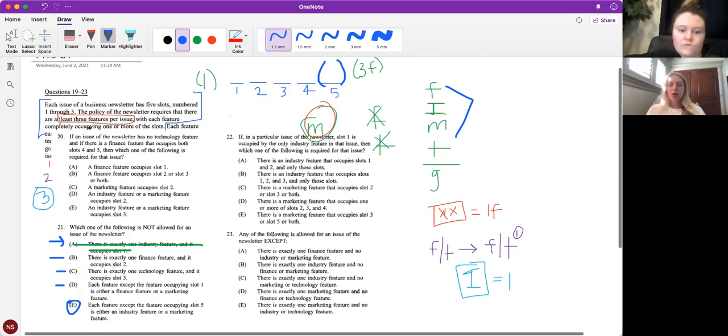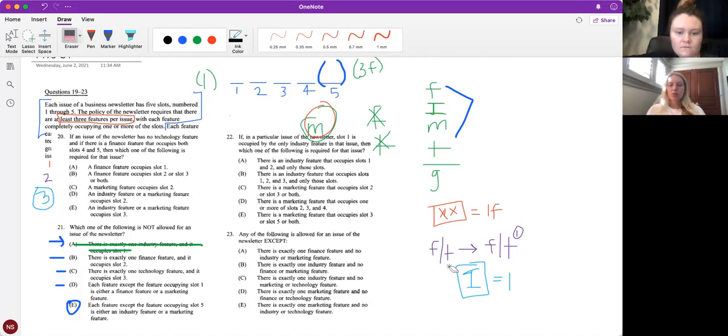There's exactly one finance feature and no industry or marketing feature. I mean, that seems fine to me. Yeah, I read that and I'm like, so what that would mean is if there's one F, it would just have to have two technology features, and I don't see a problem with that. But I didn't technically test it out, so I just put a dash beside it.